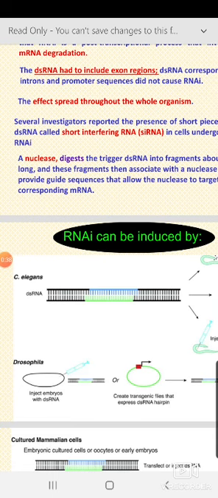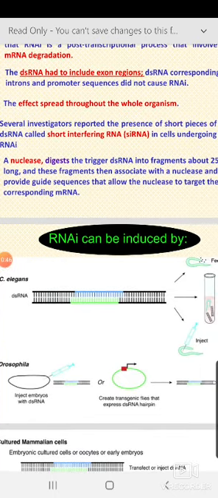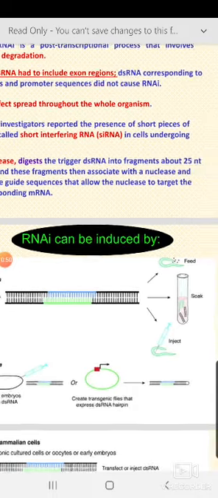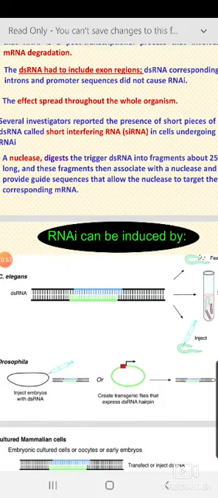These small double-stranded pieces we call short interfering RNA, of about 25 nucleotides. After the nuclease digests it, this small double-stranded RNA now goes and binds my target mRNA.